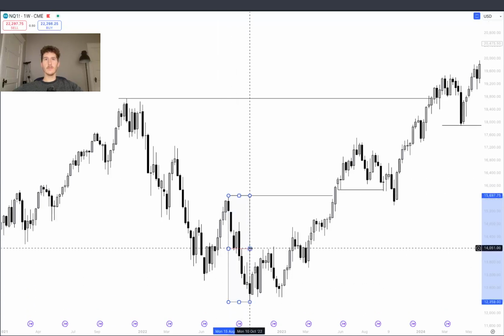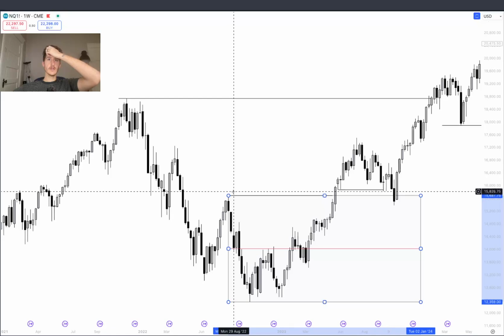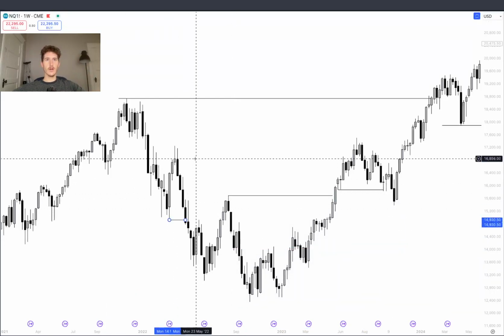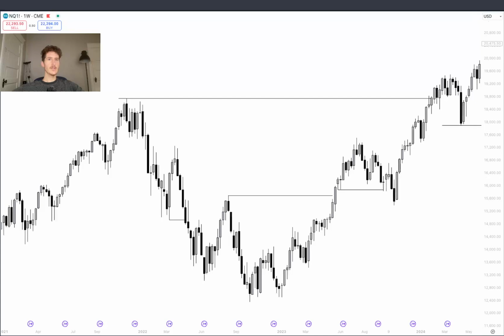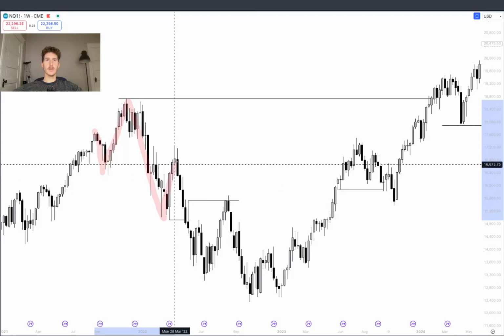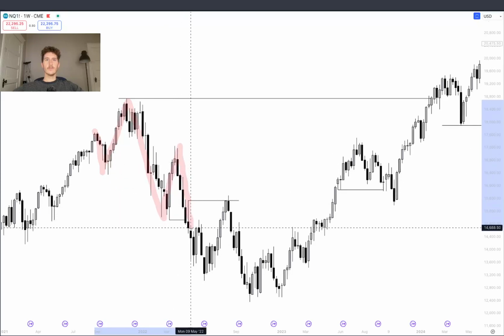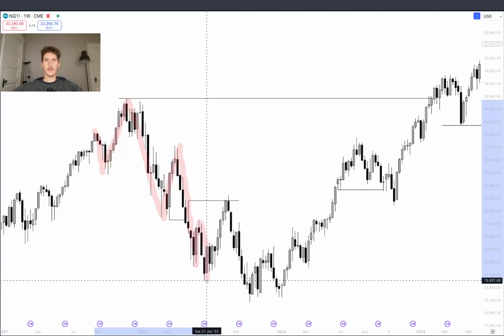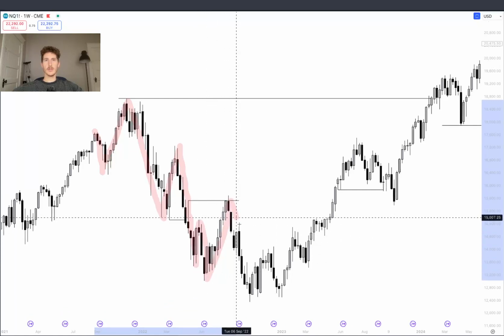Let me find one in the downwards direction. Here's one. So closure underneath our external low, tap back up right here. See how we're trending down on the weekly? Man, I wish we could turn back time. I want to be trending down on the weekly right now. And we make another swing, and then maybe this is also a swing here, but we touch and then go.